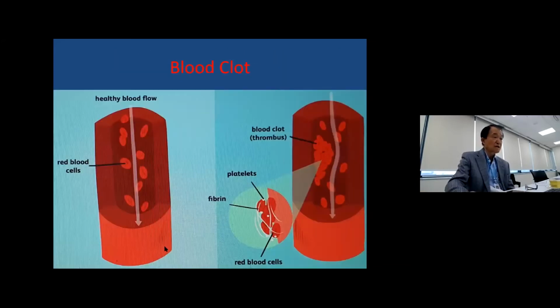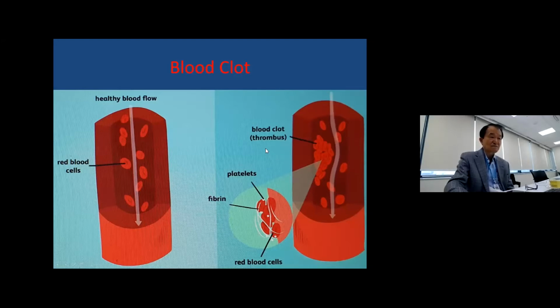Okay, this is a simple diagram to show blood flow in a healthy vascular system. As you see, all red blood cells are flowing, but in the thromboembolic process, there is accumulation of blood clots together.